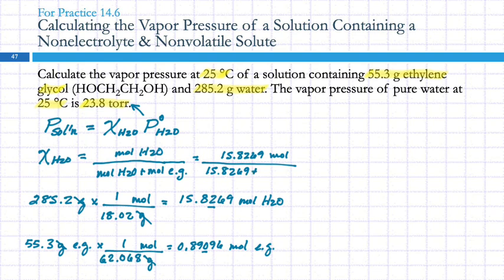So that's the number that goes in here. So this is a mole fraction of 0.94671. Mole fractions can't be less than 0, can't be more than 1. So that's my mole fraction of water.